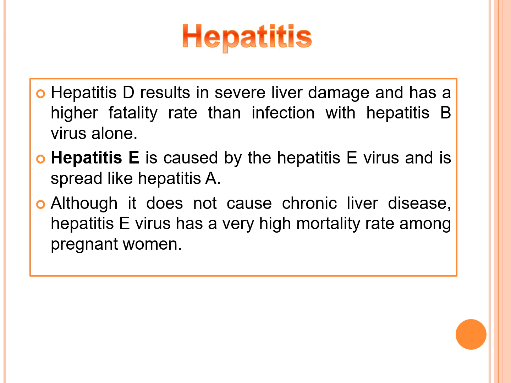The next type is hepatitis E. It is caused by hepatitis E virus and is spread like hepatitis A. Although it does not cause chronic liver disease, hepatitis E virus has a very high mortality rate among pregnant women.